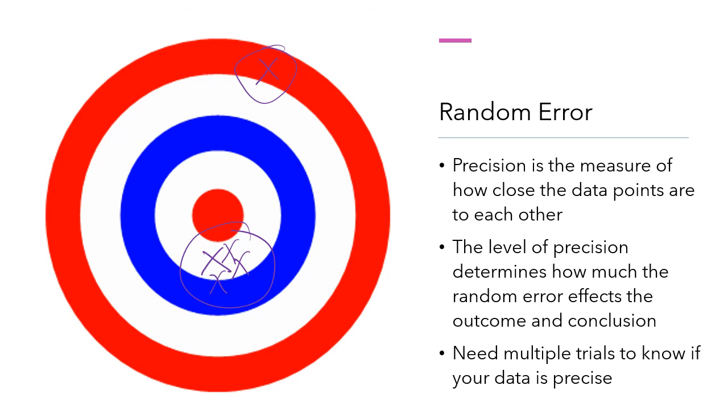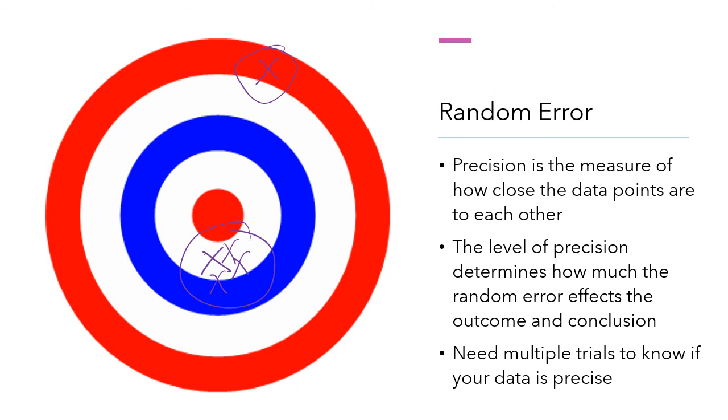So we're always going to try to get as many trials as we can in an appropriate amount of time. Sometimes we're going to be limited, but we can reduce the effect of that one point that's way far away from our data, or a little bit further off from our data, by increasing the number of trials and increasing the precision of our data.